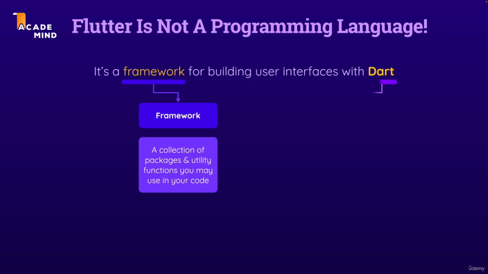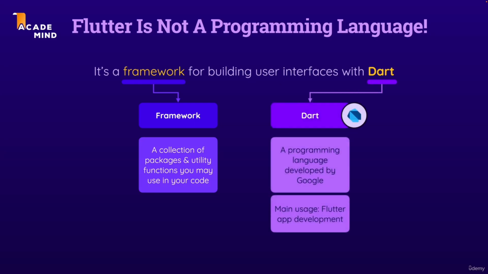Now, as mentioned, Dart is the actual programming language you're learning, and Dart is a language developed by Google, which cannot just be used for building mobile or cross-platform apps with Flutter, but to be fair, Flutter is the main use case for Dart. And you use Flutter on top of Dart, so to say, to build these cross-platform apps.